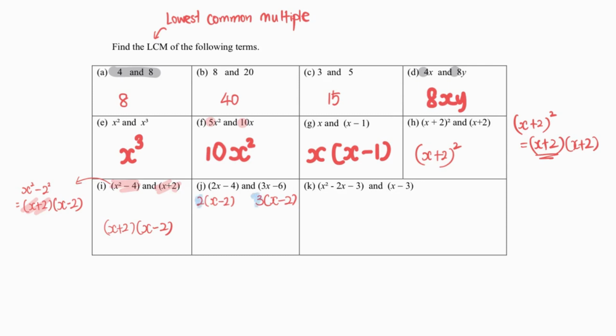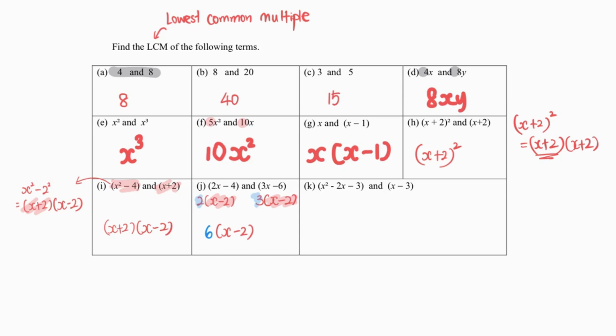The lowest common multiple will be 6. And I also see that x minus 2 is a common factor. This will be the lowest common multiple for these two terms.